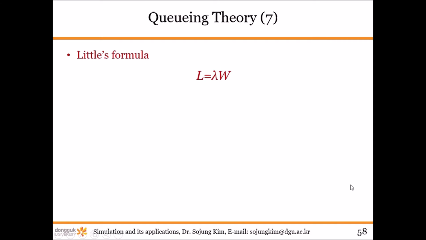Okay, let's talk about Little's formula, showing the relationship between the waiting time, time in service, and the number of customers in the server. This formula shows the relationship between L and W. And here's a proof.